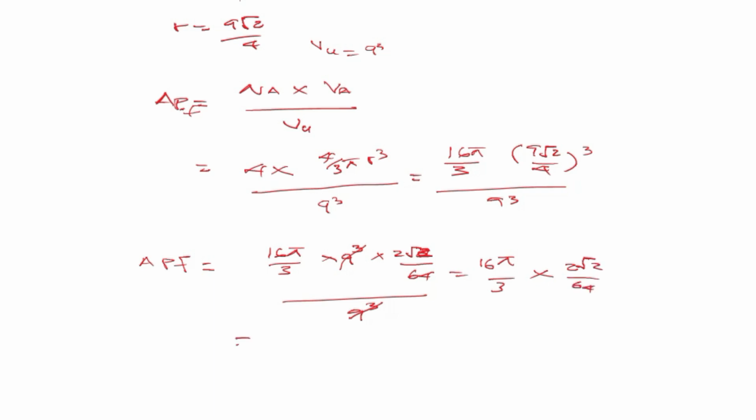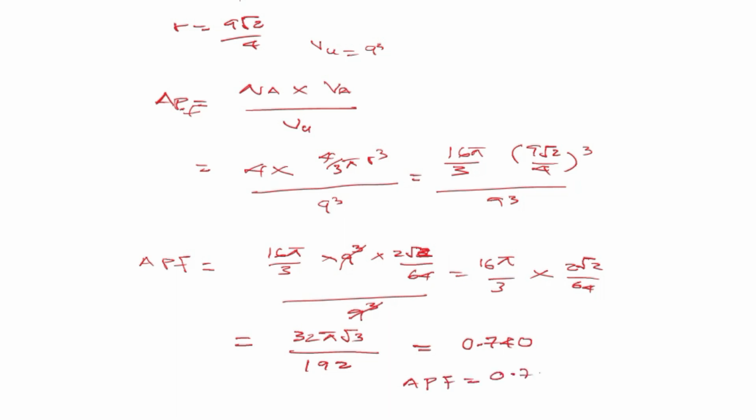So this can be further simplified: 16 times 2, we are having 32 pi root 2 all over 3 times 64, divided by 192. If you press this carefully in your calculator, you end up with 0.740. So multiply this by 100% because atomic packing factor is calculated in percentage.